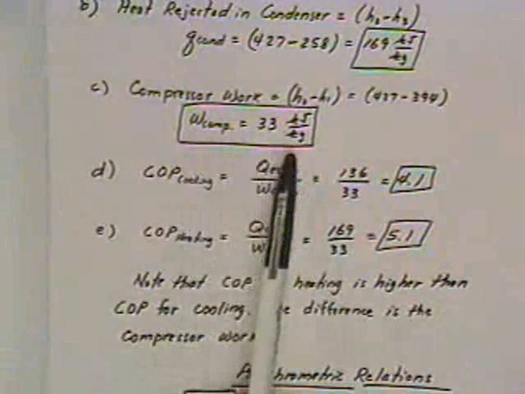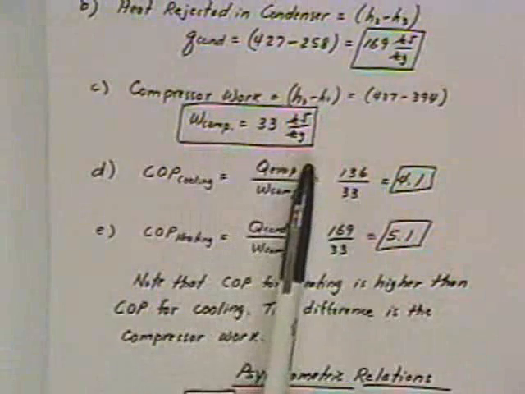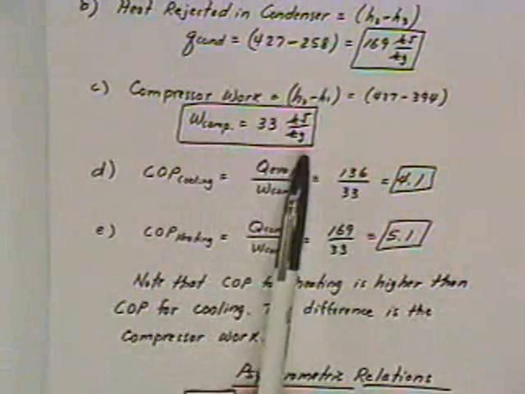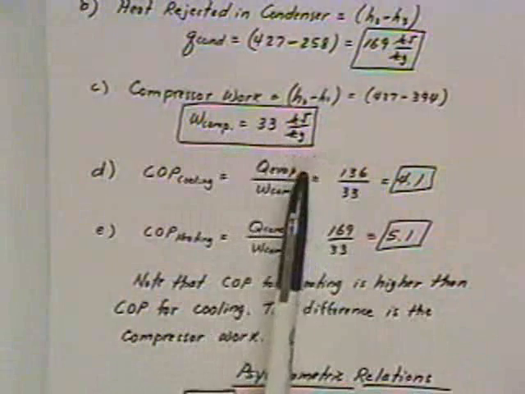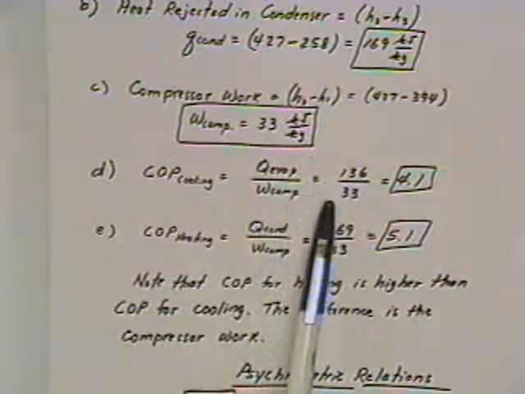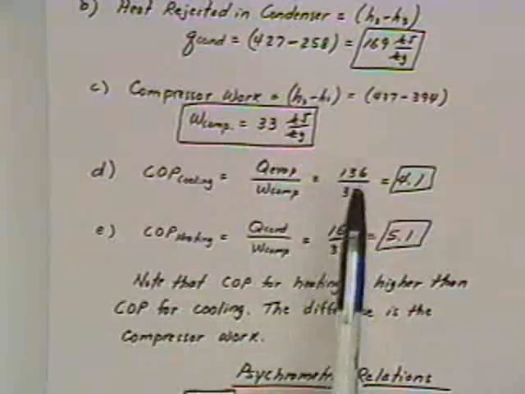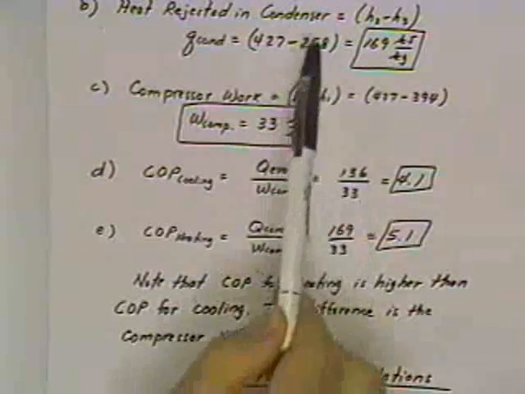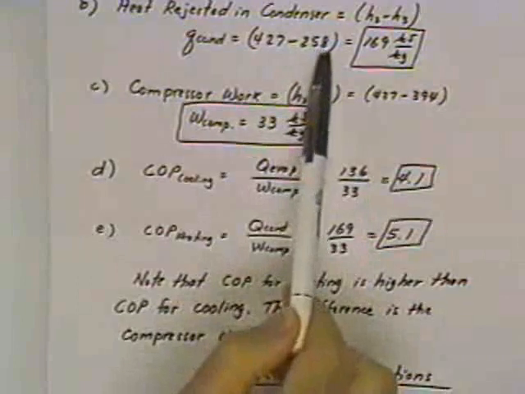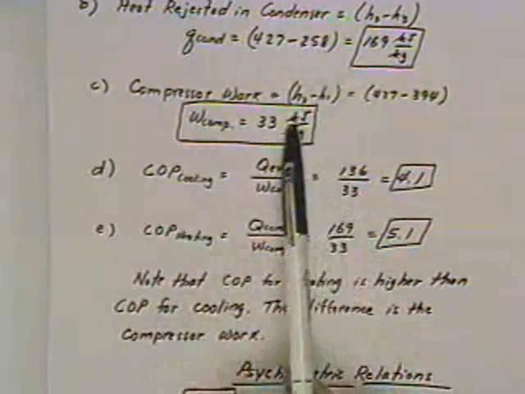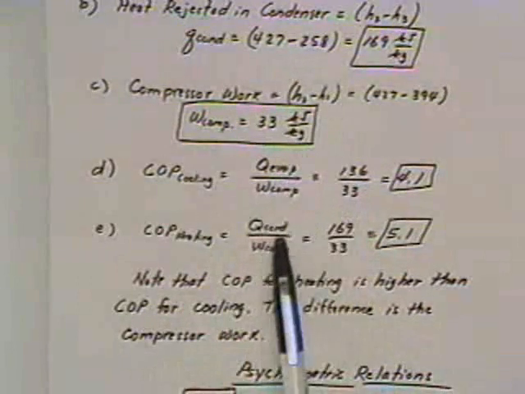When you're working these problems, as a check, to the accuracy of reading the tables and the figure, the heat rejected in the condenser should equal the compressor work plus the heat transfer in the evaporator.